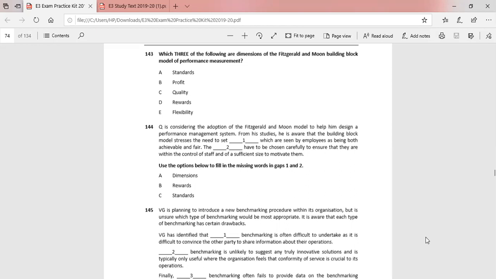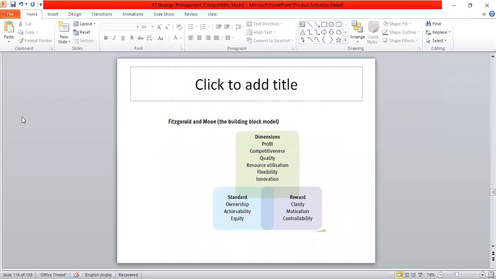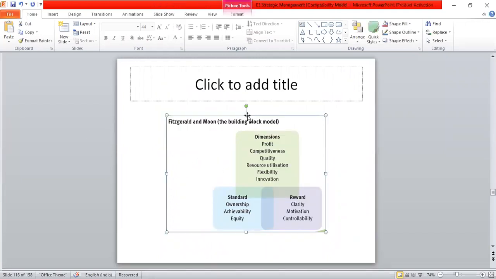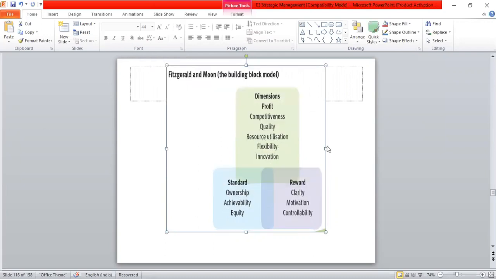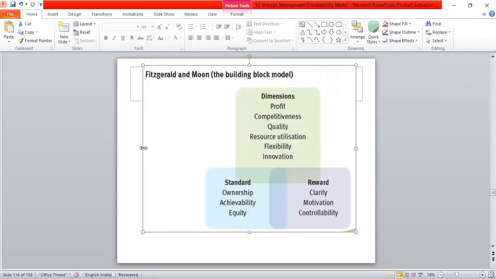143. Which three of the following are dimensions of Fitzgerald and Moon building block model of performance measurement? You want to see the model? Okay.